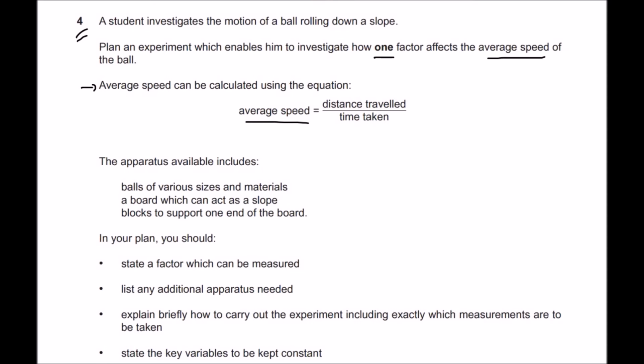The task is very simple. You need to investigate the motion of a ball rolling down a slope like this. This is the slope you have, and this is the horizontal surface. For example, a ball is here at this position and it is moving down like this.